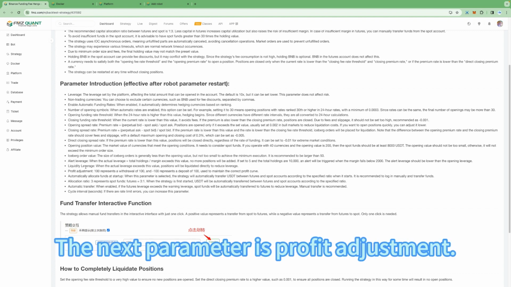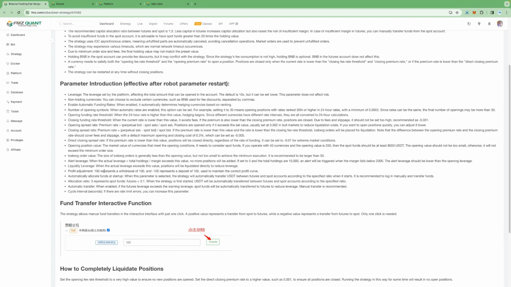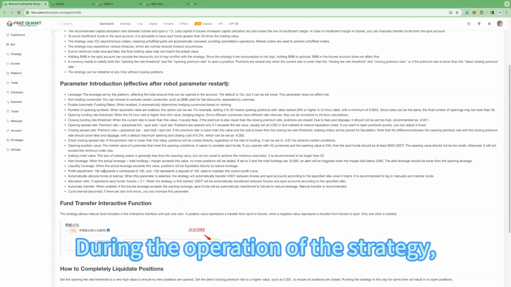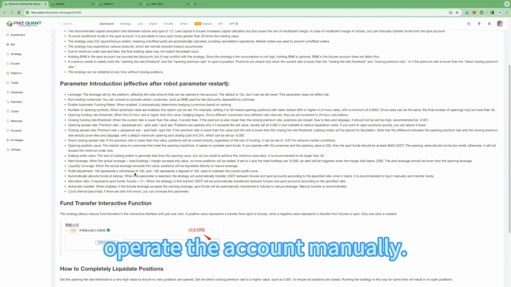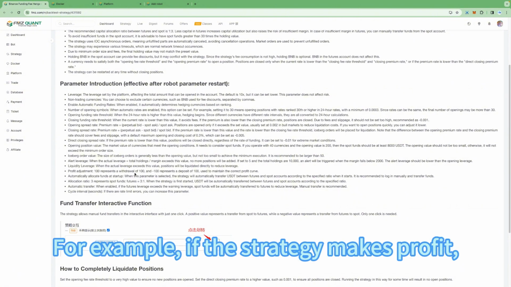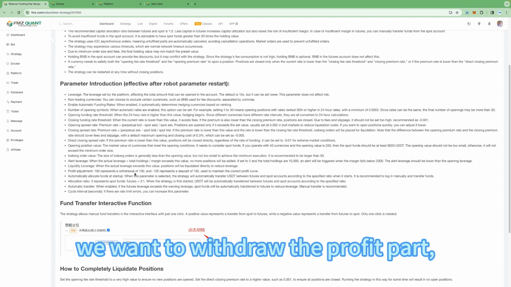The next parameter is profit adjustment. During the operation of the strategy, we may operate the account manually. For example, if the strategy makes profits, we want to extract the profit part.